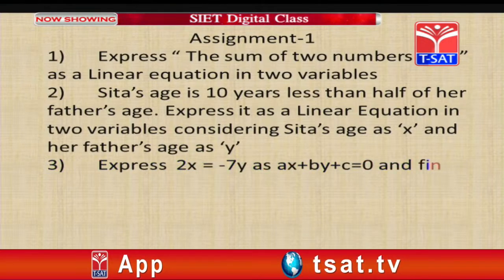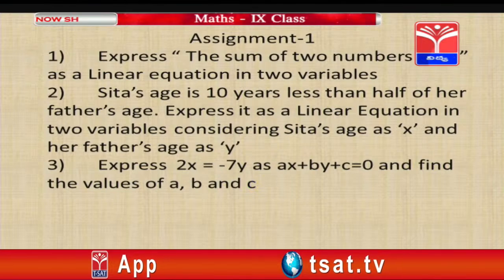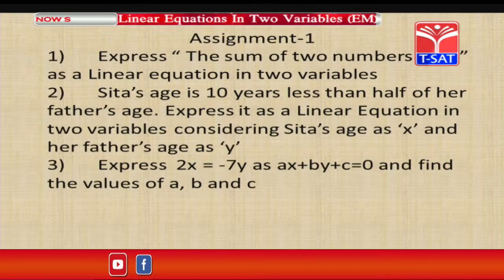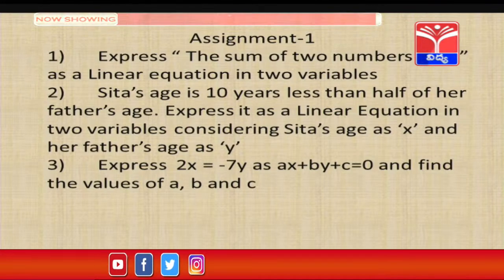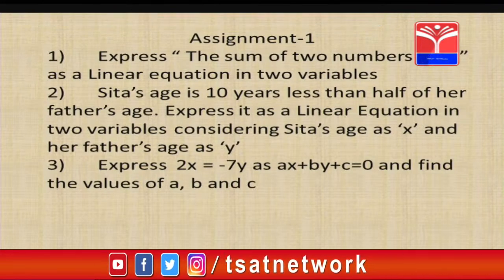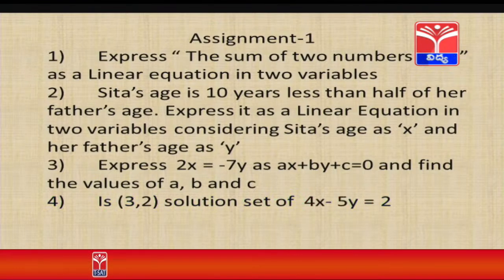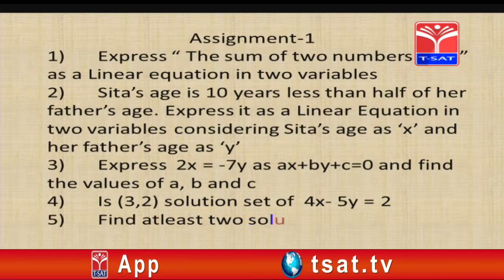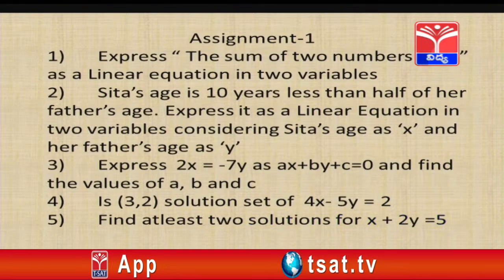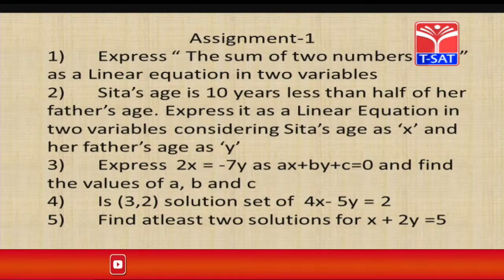Question number 3, express 2x is equal to minus 7y as ax plus by plus c is equal to 0 and find the values of a, b and c. Question 4, is (3, 2) a solution of 4x minus 5y is equal to 2? Question 5, find at least 2 solutions for x plus 2y is equal to 5.